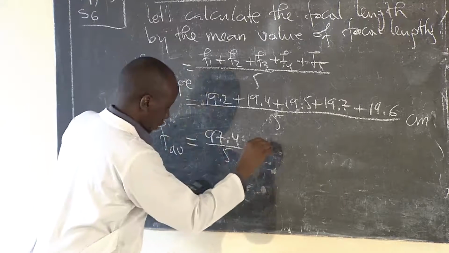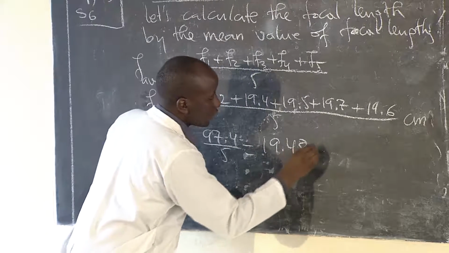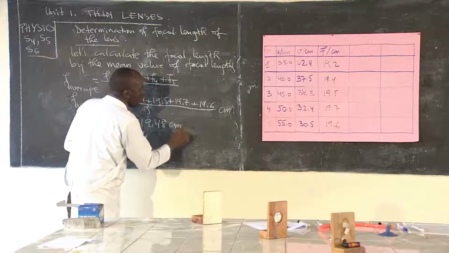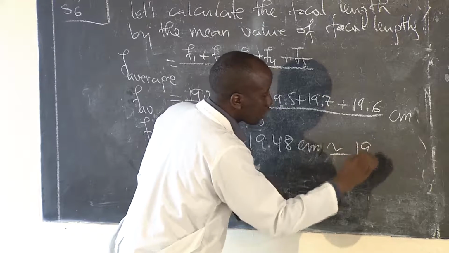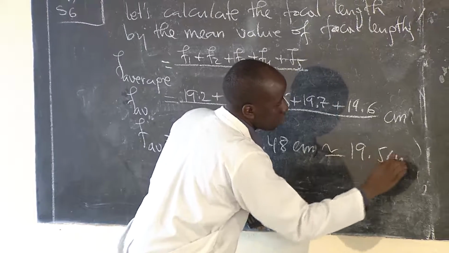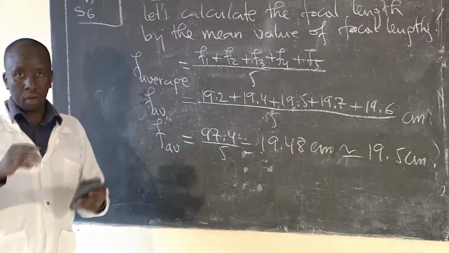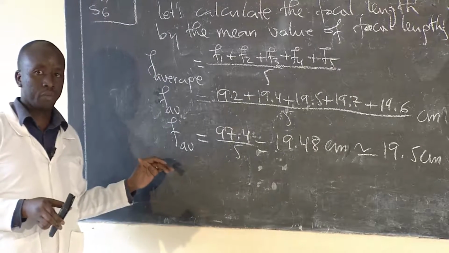We find 19.48 centimeters, but because we have used 1 decimal place, it means that we have 19.5 centimeters. This is the focal length that we calculate by using this method, the average value.